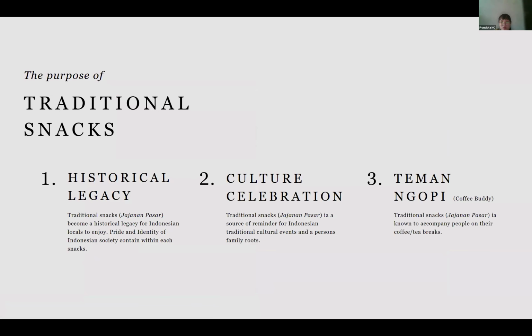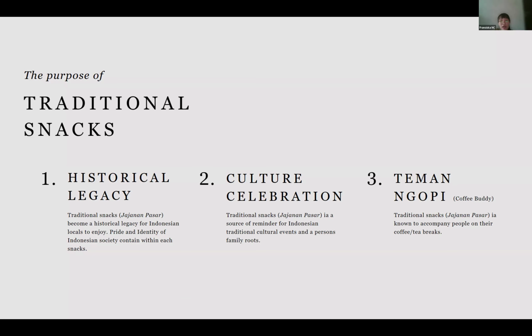The purpose of traditional snacks is as follows. The first is that it's a historical legacy, where traditional snacks, or jajanan pasar, became a historical legacy for Indonesian locals to enjoy.